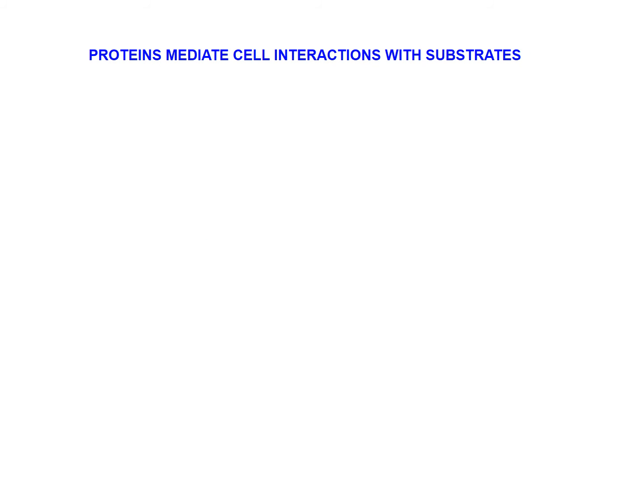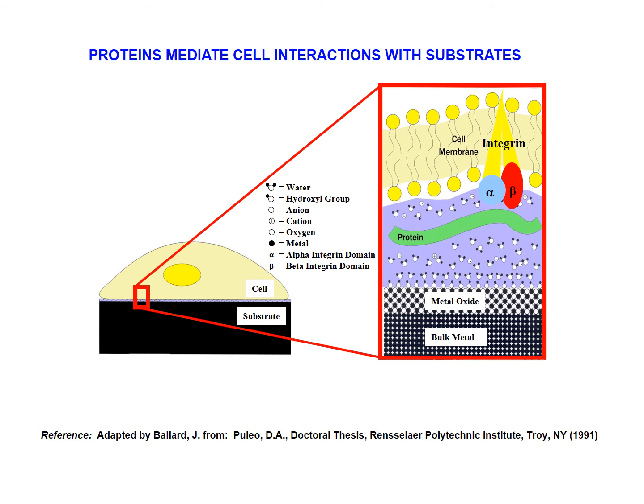The mechanism by which proteins mediate cell interactions with substrates has been studied extensively. They are summarized on the cartoon of this particular slide. What we have in the figure on the left is a substrate on which one cell, in a cartoon fashion again, rests.